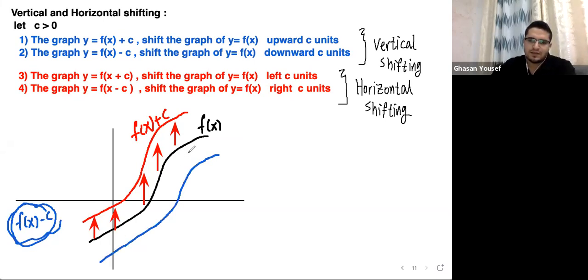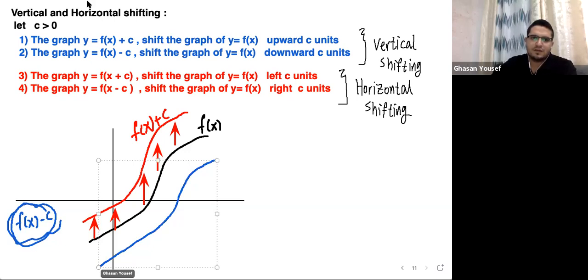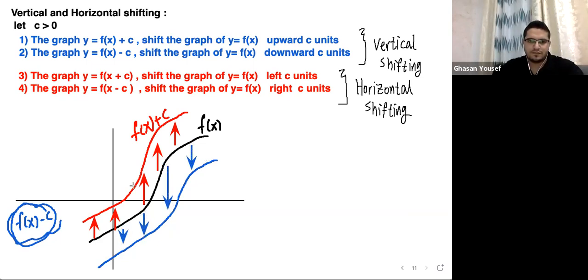So this is c units downward. This is f of x minus c. Look, here the c is outside the parentheses.